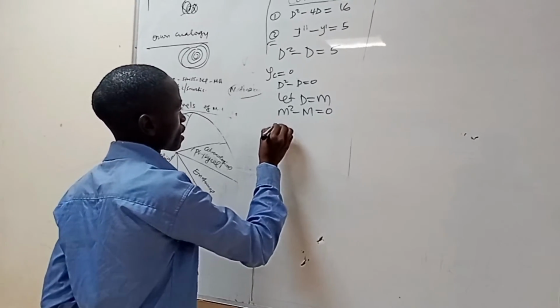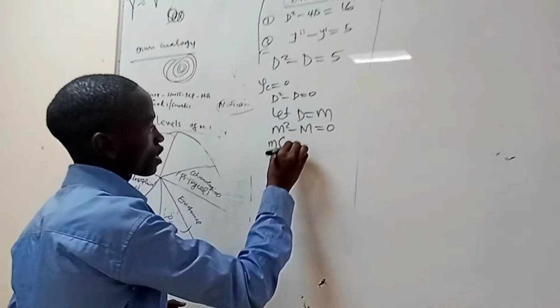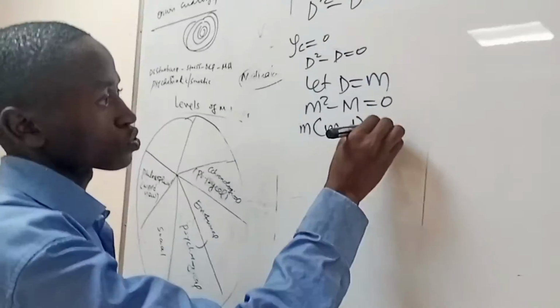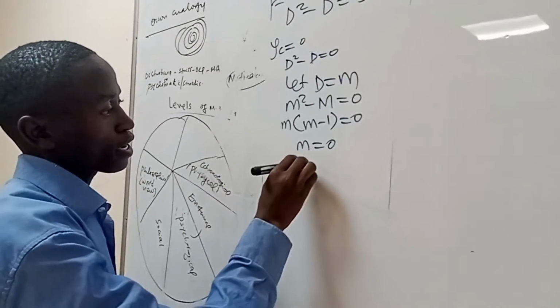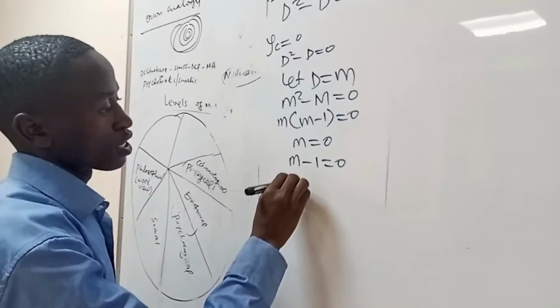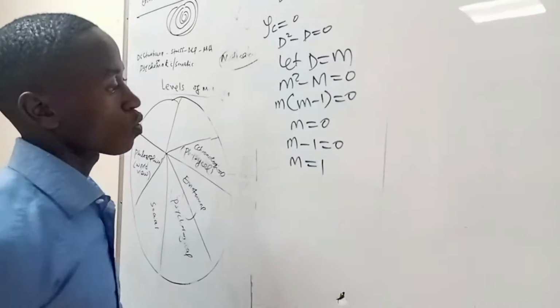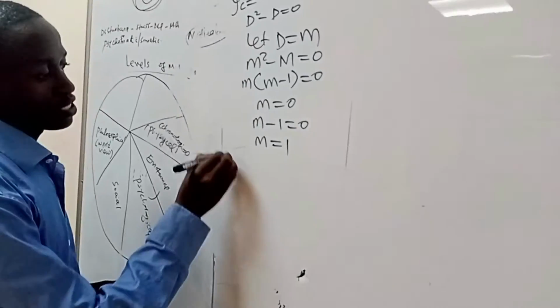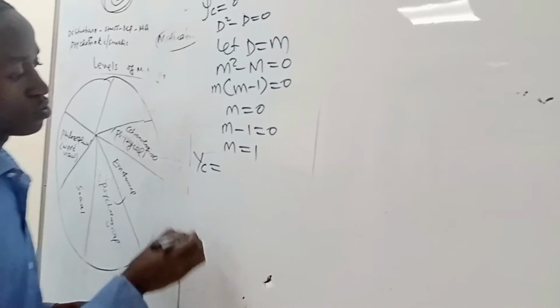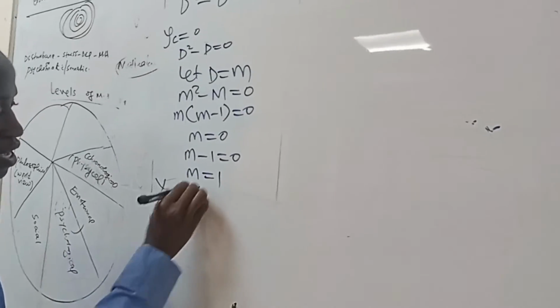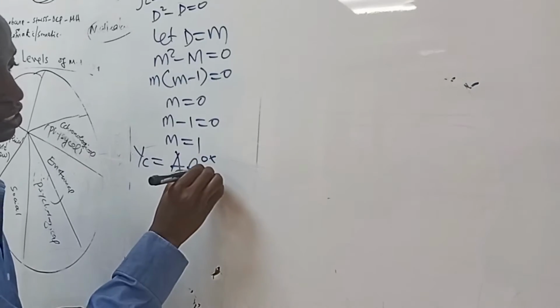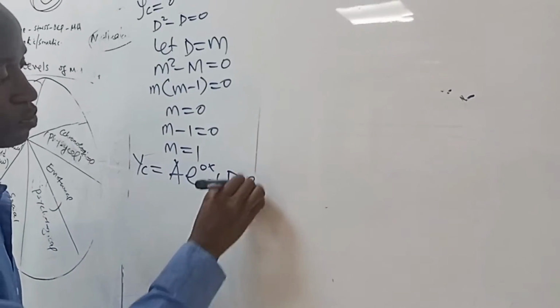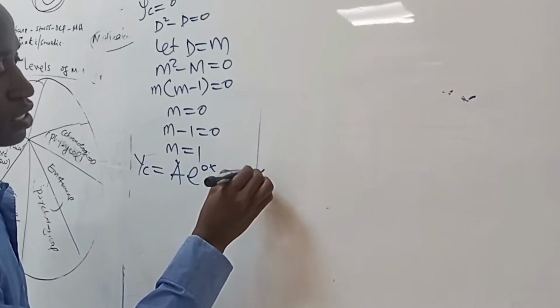So what is common here? You have m into (m minus 1) is equal to 0. So your first m was 0, but m minus 1 is equal to 0, then your m2 is equal to 1. So when you have it like this, your yc, you can just write it as a e to the power 0x plus b e to the power x.